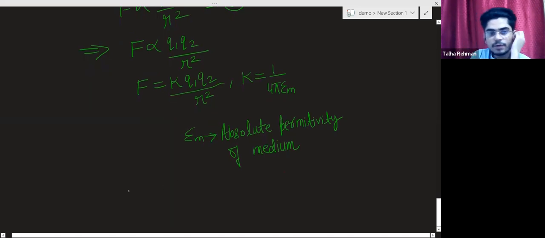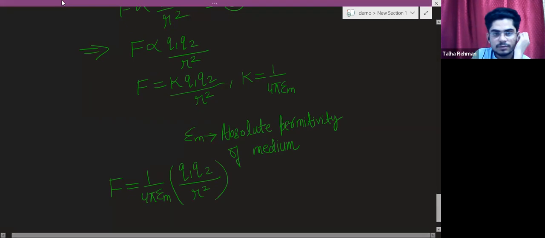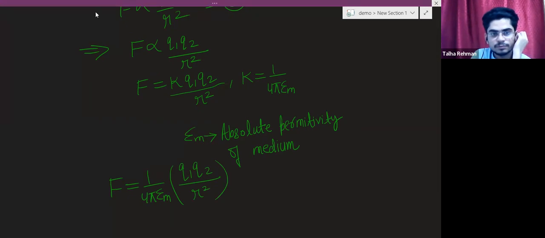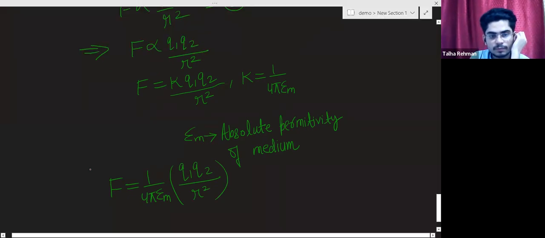So we have a formula when we place the charges in a medium: 1 upon 4 pi epsilon naught m, q1 q2 divided by r square. This is the formula given by Coulomb.